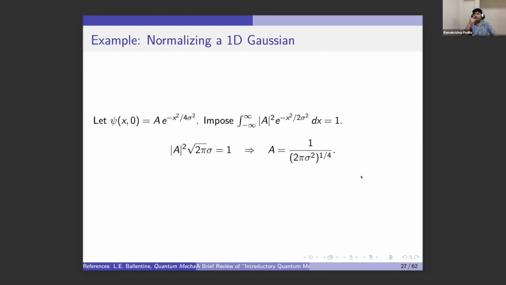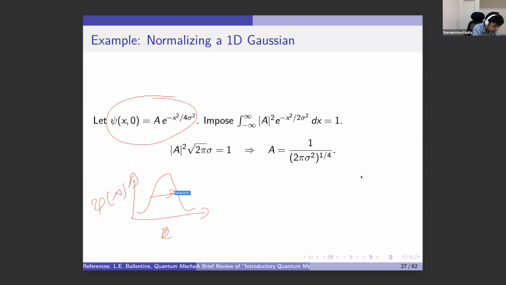For example, if I build a Gaussian wave packet, the one we built in the beginning, and draw psi of x versus x, it would look something like this, with a width of sigma, or 2 sigma, given here.